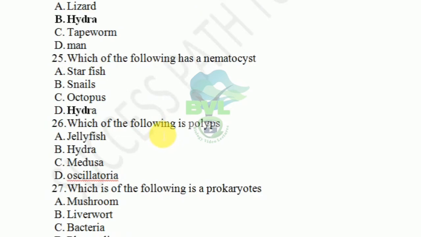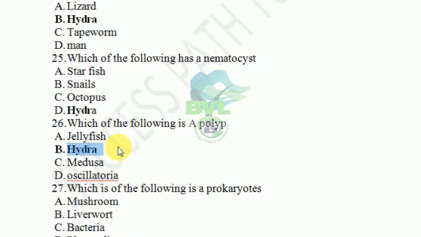Which of the following is a polyp? Alright, polyps are cylindrical in shape, and let me say something at this juncture. Jellyfish and hydra are both called coelenterates, or better still now called cnidaria.